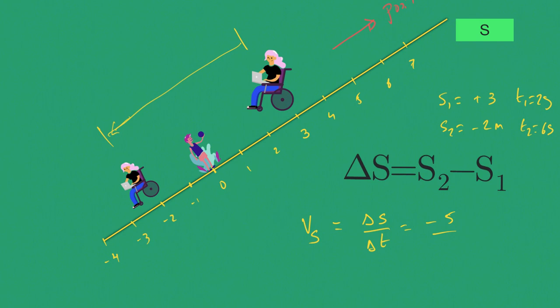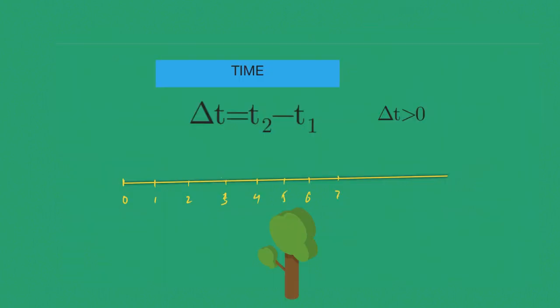Delta t is t2 minus t1. Delta t is the time elapsed. The time elapsed is 6 minus 2, which is 4. So the average velocity in the S direction is minus 5 divided by 4, that is minus 1.25 meters per second. The time delta t is always positive.